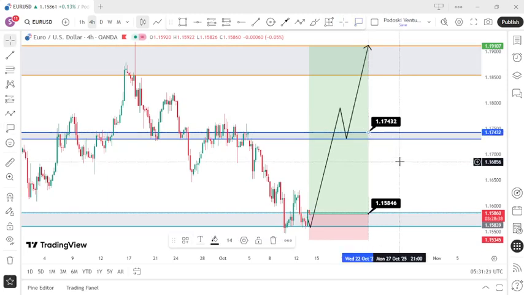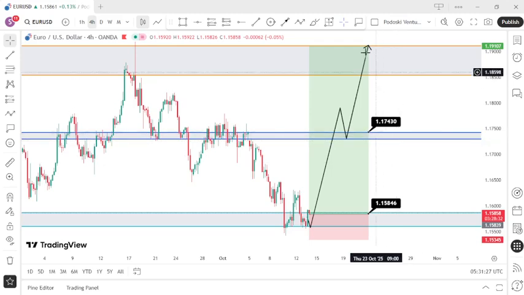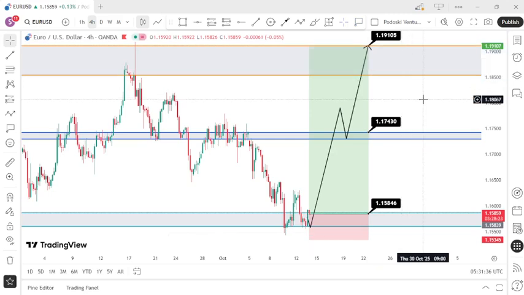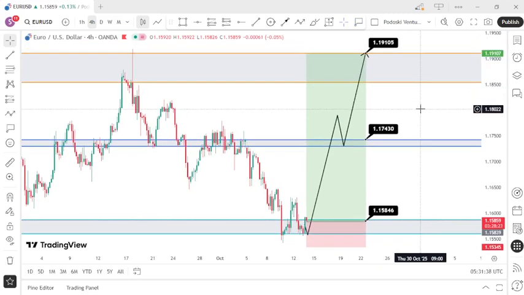Our TP1 will be at 1.17430. Our TP2 will be at 1.19105.